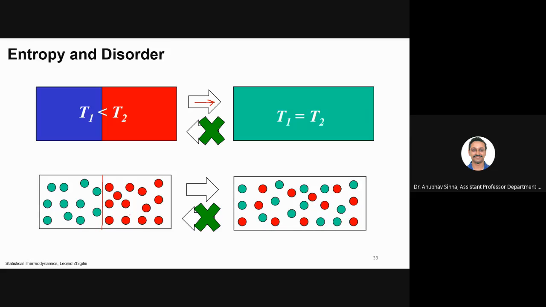If you remember, when we initially discussed the second law, this is what we were referring to: which processes are spontaneous or natural. The forward is spontaneous, the reverse is not. If I want to do this, I have to apply some external work or method, but naturally it will not happen. That is the whole idea.